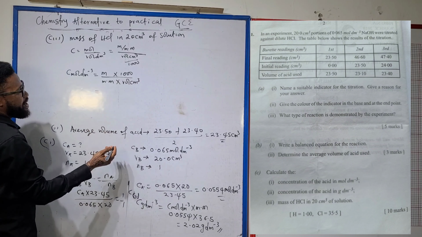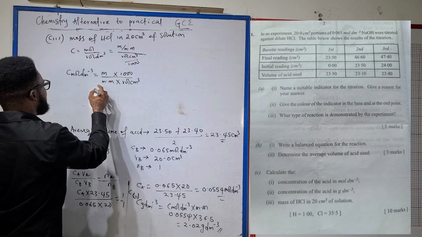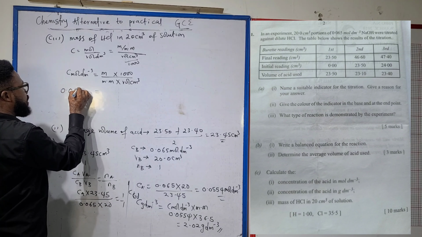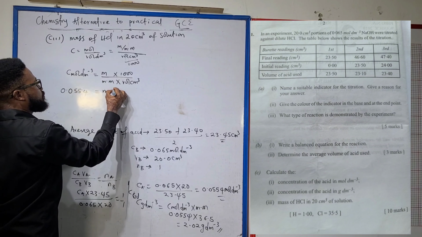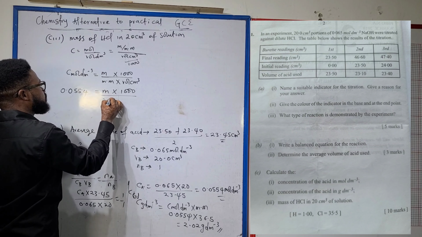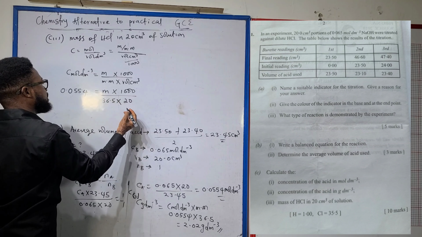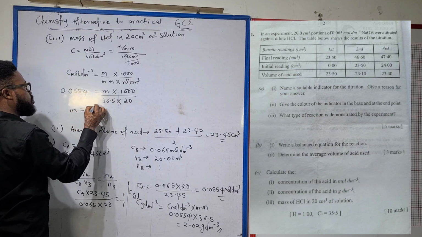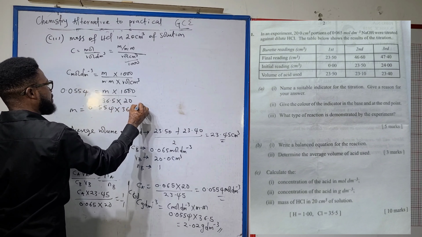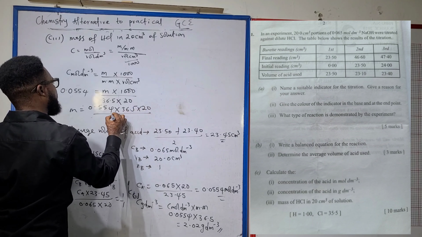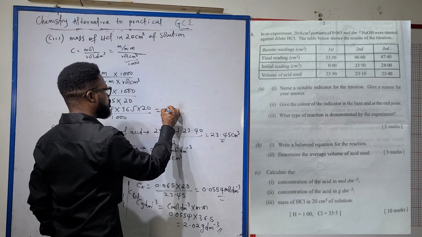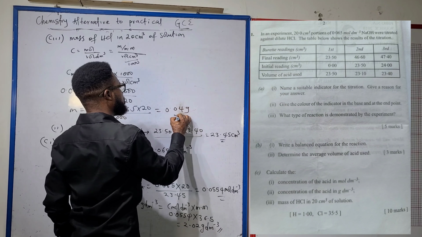The mass here is what I am looking for. Concentration is 0.0554, times the molar mass of HCl which is 36.5, the volume is 20. So my mass is 0.0554 times 36.5 times 20 divided by 1,000. If I compute, I'm going to get 0.04 gram.